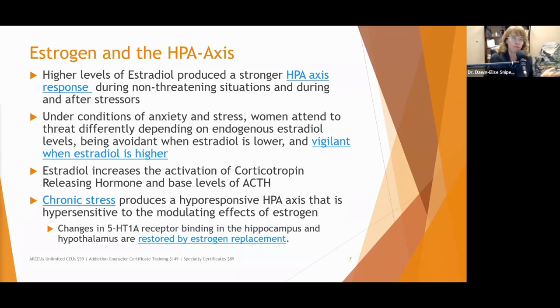If you're female, or you've worked around people who are female or worked with female clients, you've probably seen this. It's easier to avoid, ignore, let go of things when estradiol levels are lower. When estradiol levels are higher, people tend to be a little bit touchier.